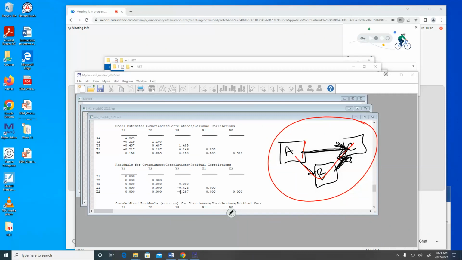I can put this path in and estimate the model, and it could end up being 0. There's no constraint on it when the path is there. I'm just saying, allow for a direct effect; it could be anything. But as soon as I say, no, I'm not putting a path there, right?